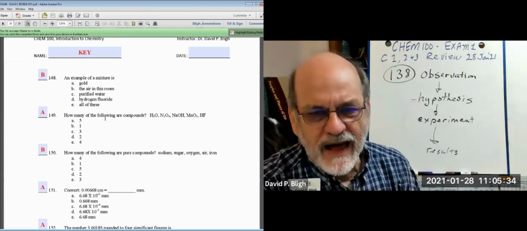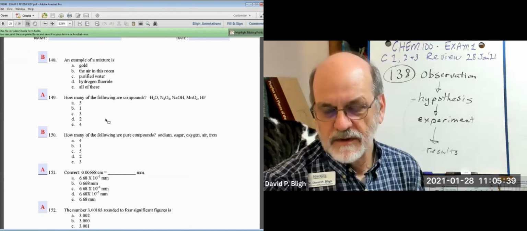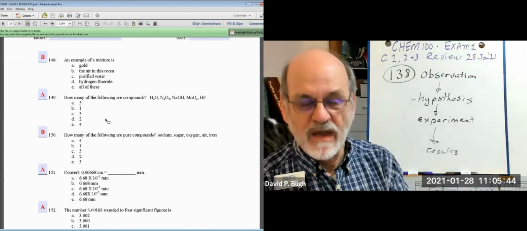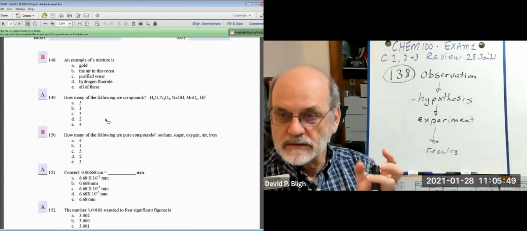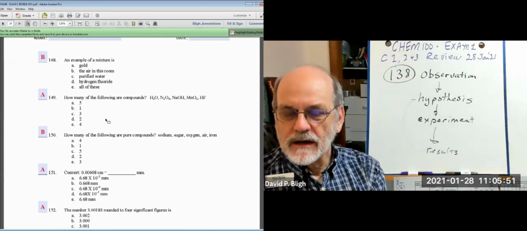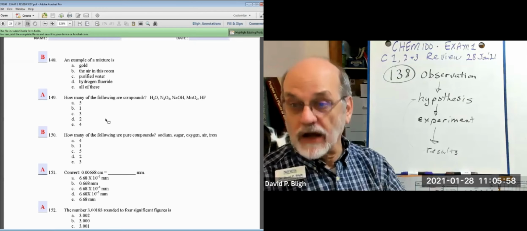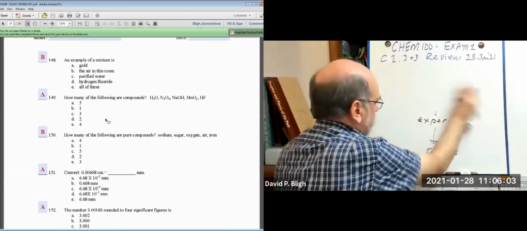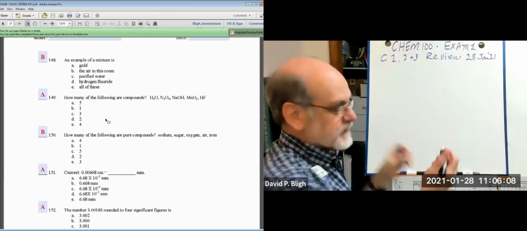let's go to 149. How many of these are compounds? What is the definition of a compound? Well, a compound is an association of some form, a bonding of two different elements or more. Right? So an example of not a compound would be one of your diatomic elements, right?